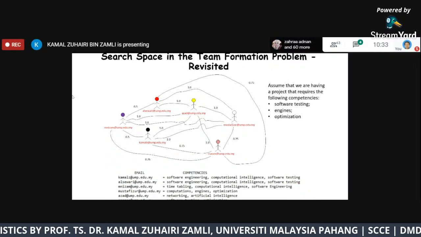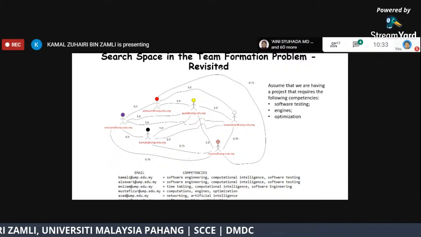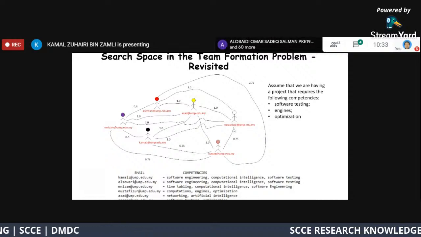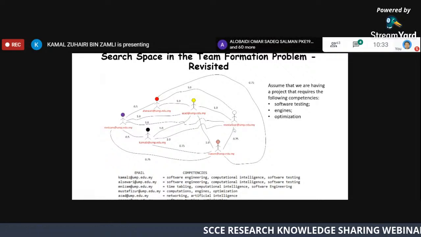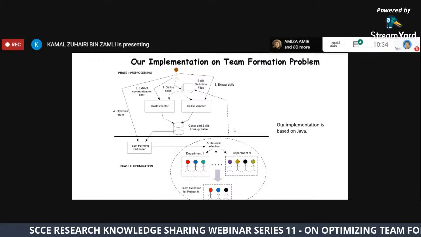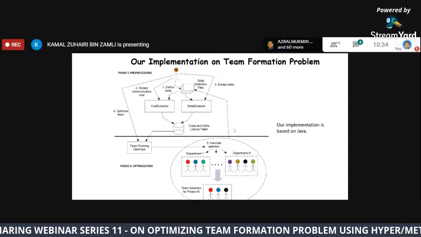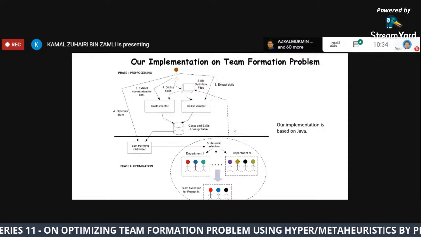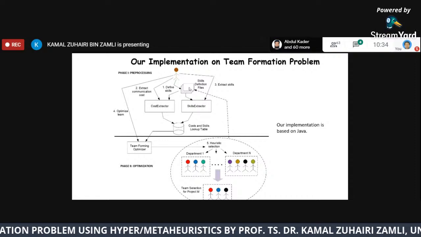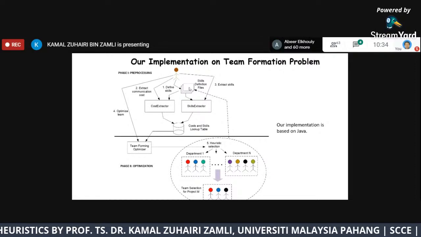So the search space is actually the interaction between each node, or between each of the experts that we're looking for. So this is the search space for a team formation problem. Now, what we do is we implement this team formation problem in Java. First we look into something called the skill definition file, where a typical example is this, called the skill definition file.